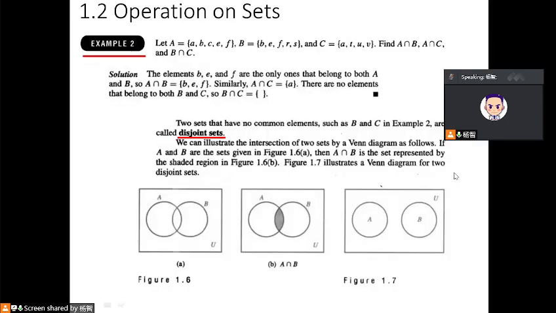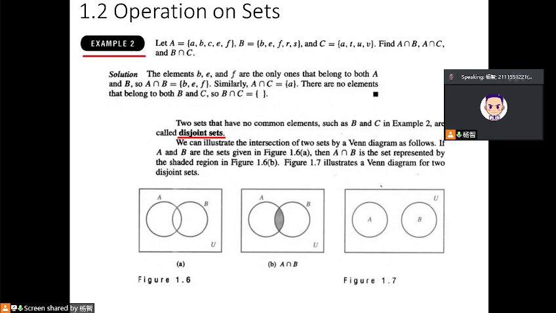Okay, we'll continue our study. Do you remember operations on sets?